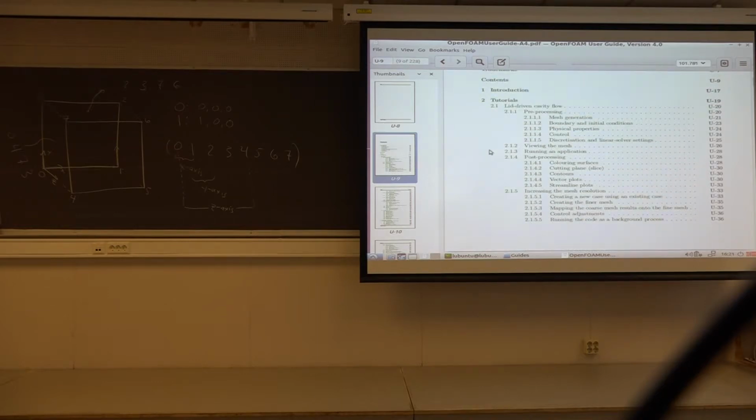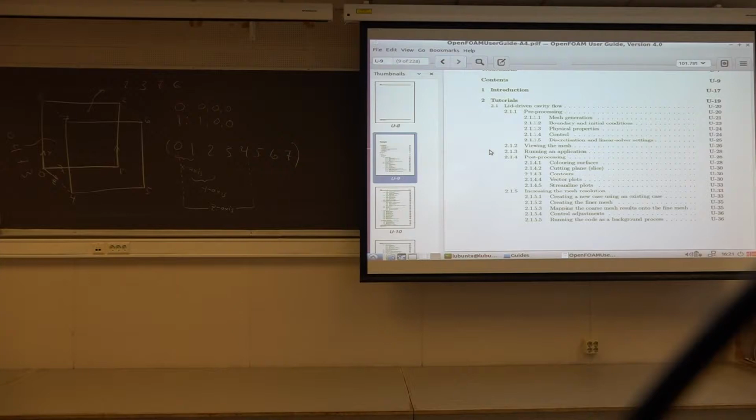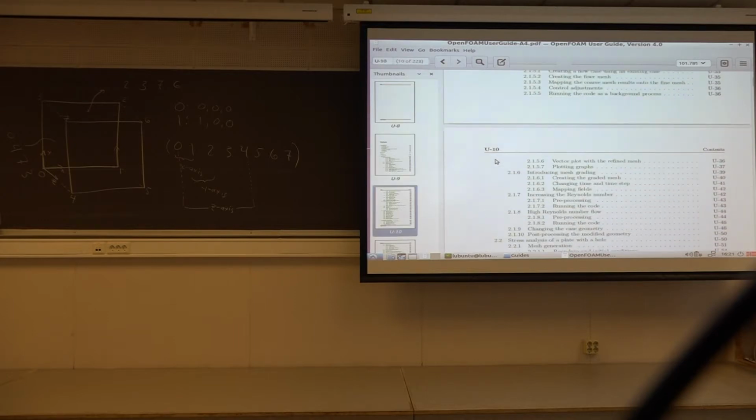So here you find listed the different tutorials, lid-driven cavity flow, and how you can play around with the mesh, how you can play around with ParaView, how you can use it. So yes, quite interesting.